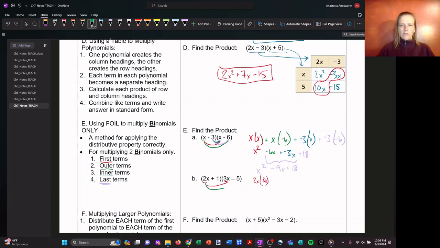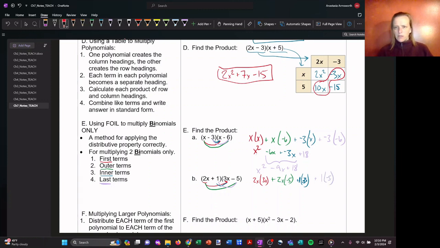And then my outer terms will be 2x times -5. My inner terms will be 1 times 3x. And my last terms will be 1 times -5.